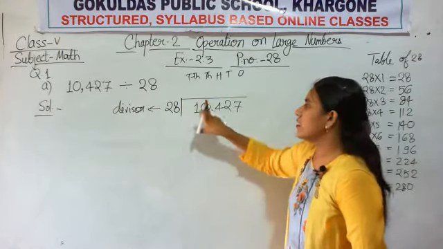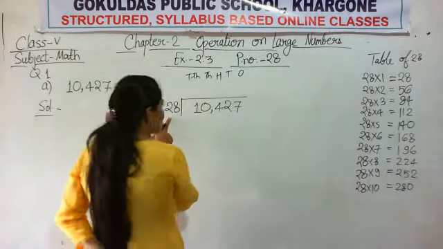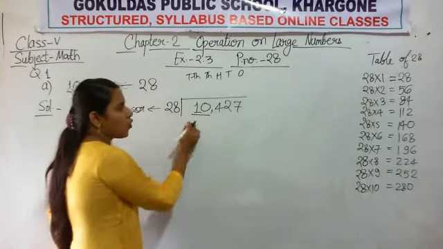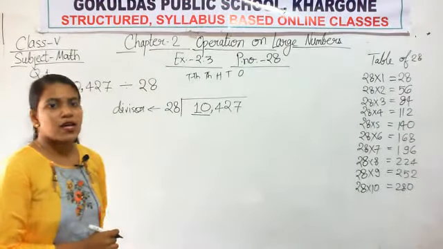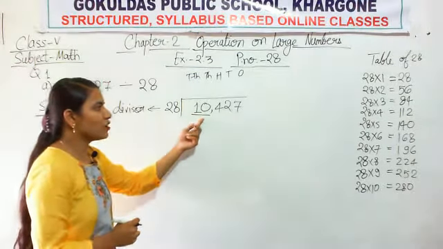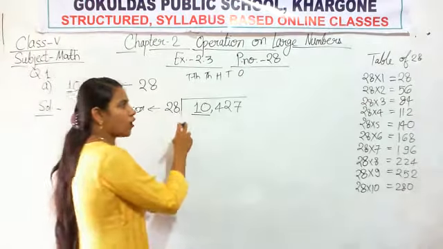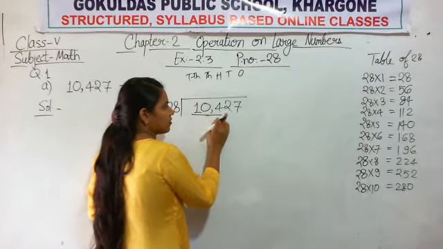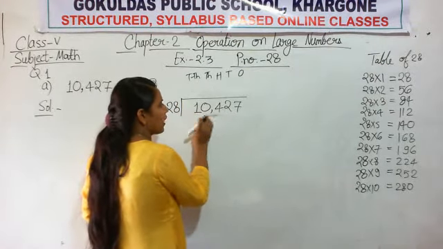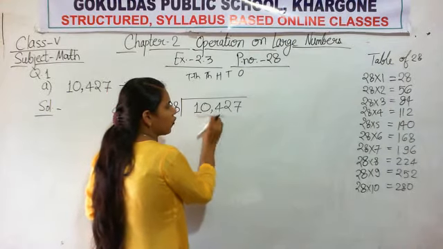In the divisor there are 2 digits, so you will take 2 digits of the dividend, but you observe that these 2 digits of the dividend are smaller than the divisor. So you have to take one more digit, that is 3 digits. So you will take 104.